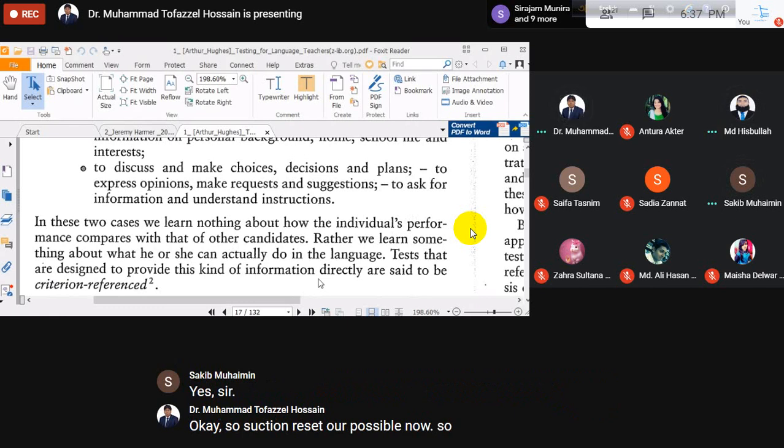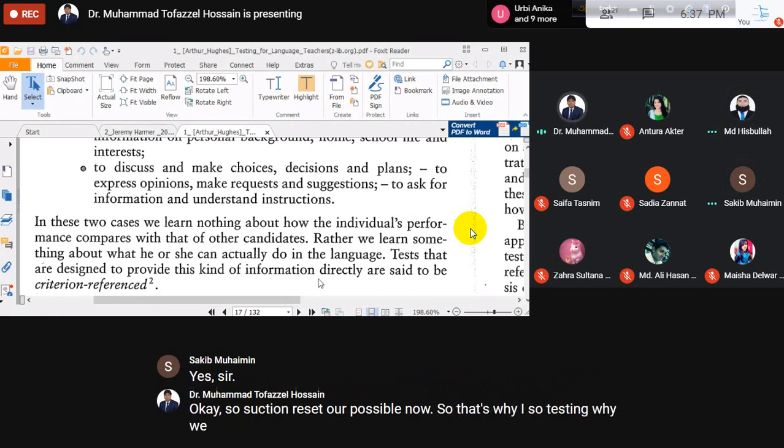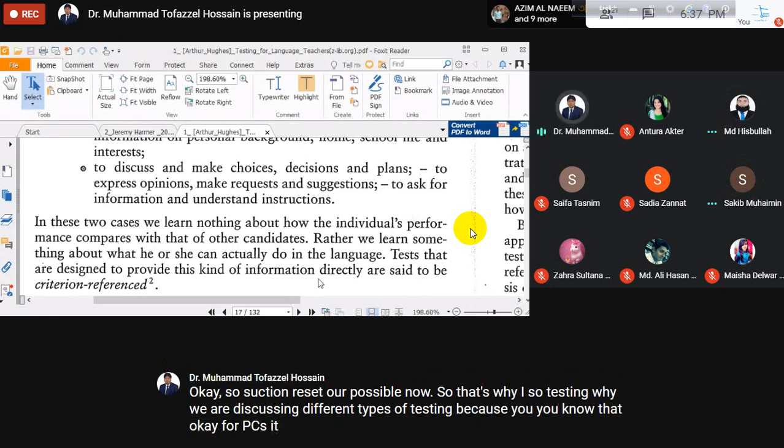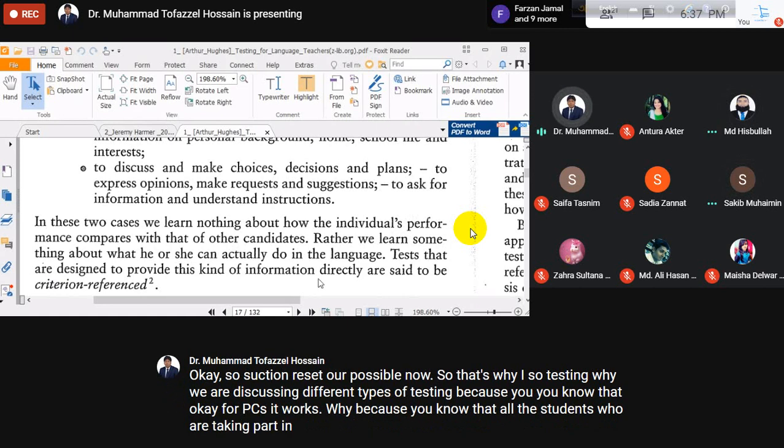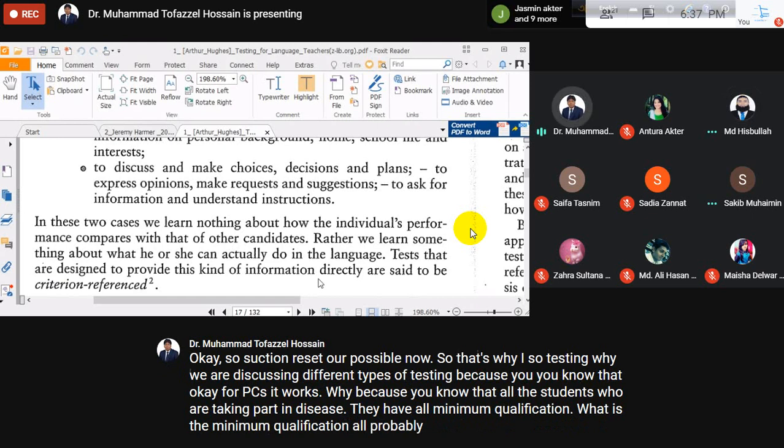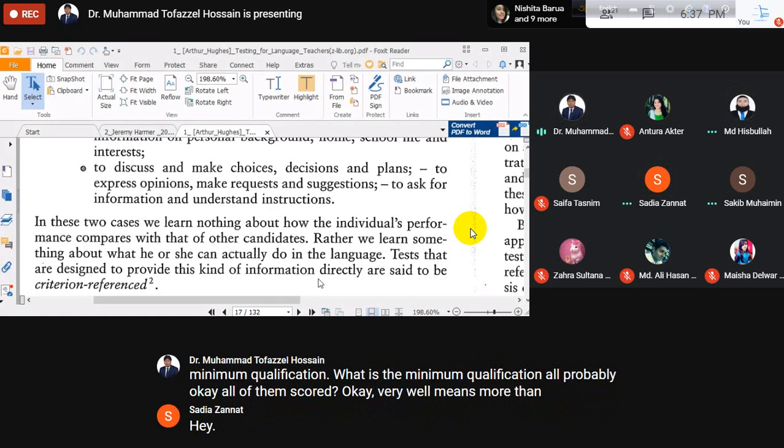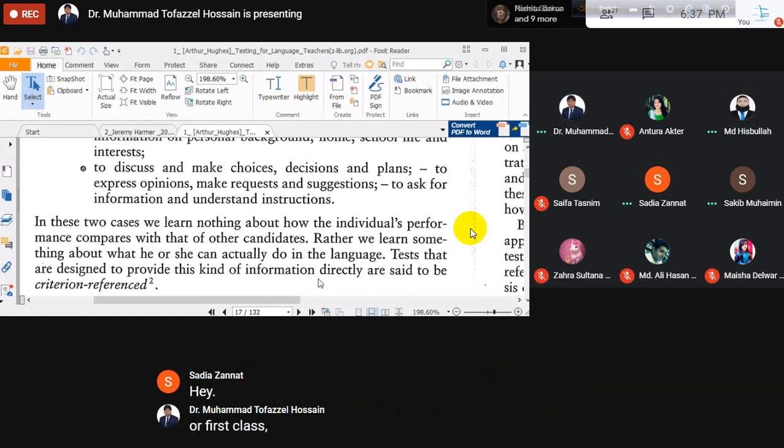So that's why we are discussing different types of testing, because you know that for BCS it works. Why? Because all the students taking part in BCS have a minimum qualification. What is the minimum qualification? Probably all of them scored very well, more than A- or first class, right?